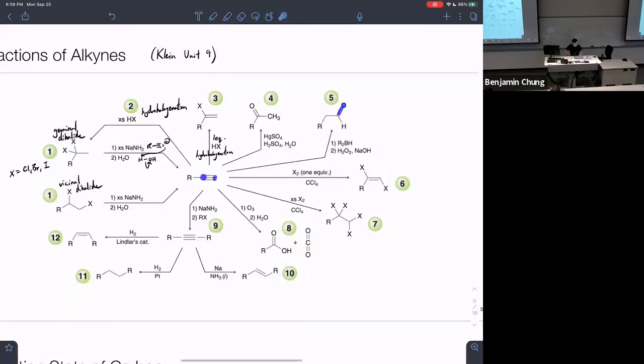So I'll just talk about 4 first, where we have the oxygen being added to this carbon. So this is just called an acid catalyzed hydration. It goes through an enol intermediate.